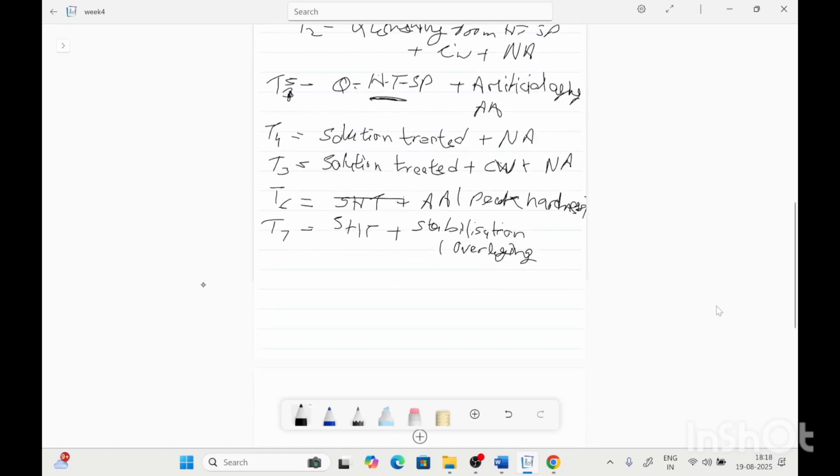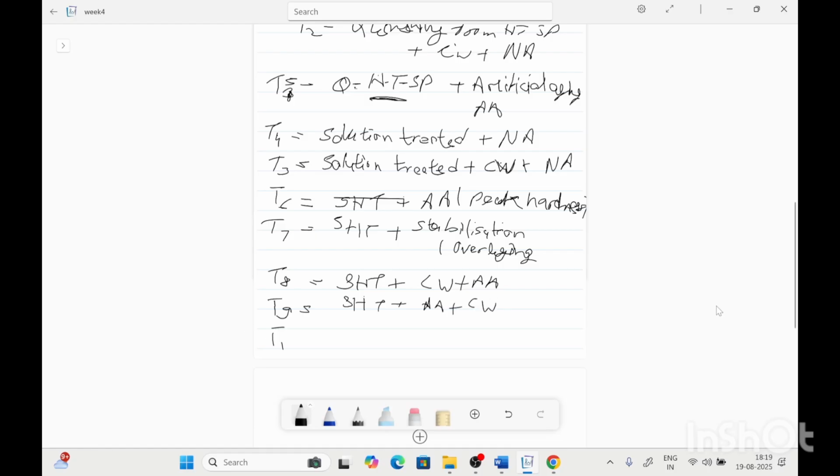Then T8 will be solution heat treated plus cold work plus artificial aged. And T9 will be solution heat treated plus first artificial aging, then cold working.